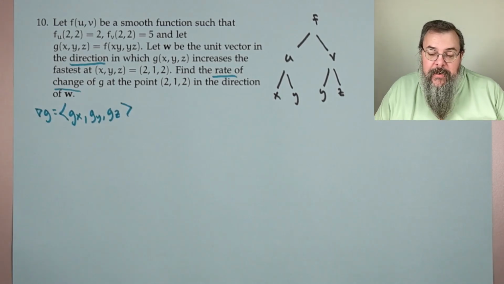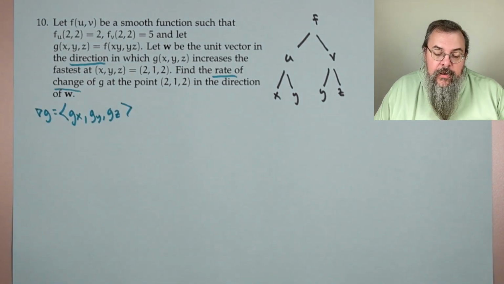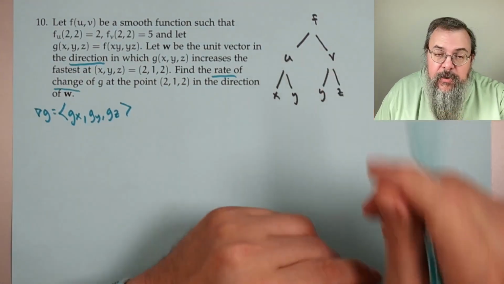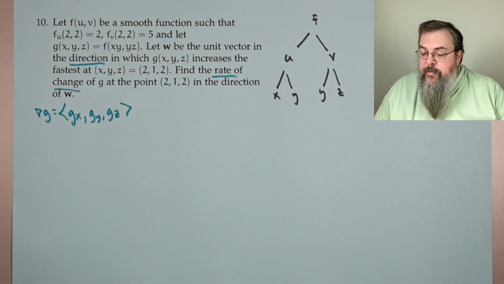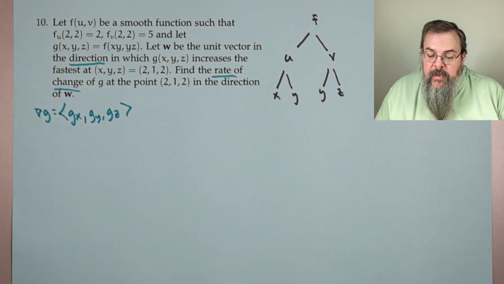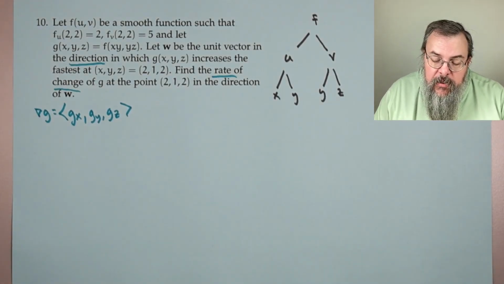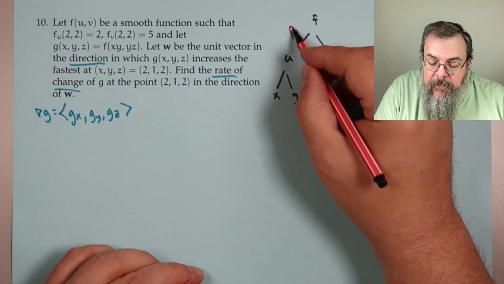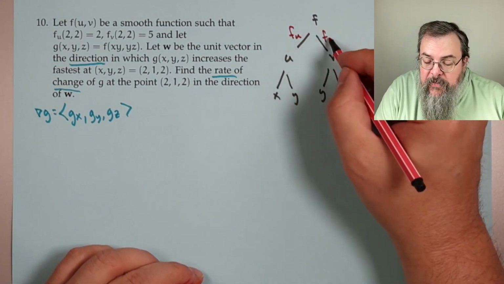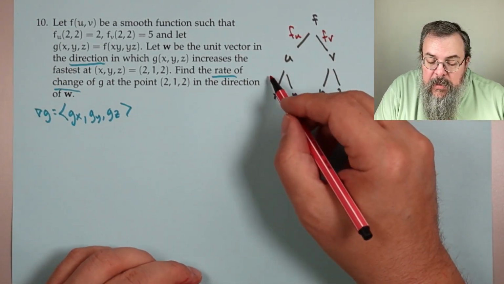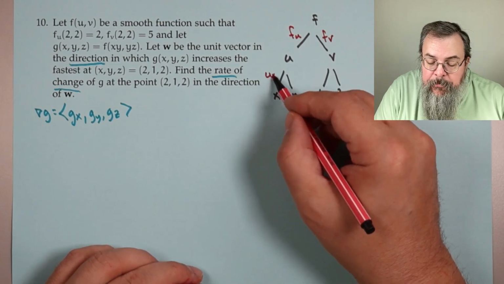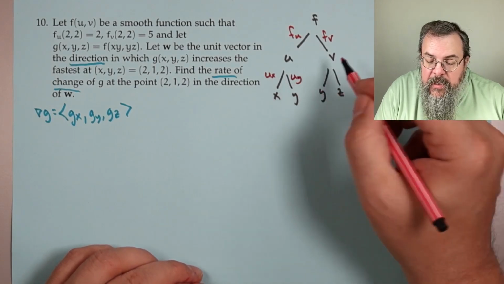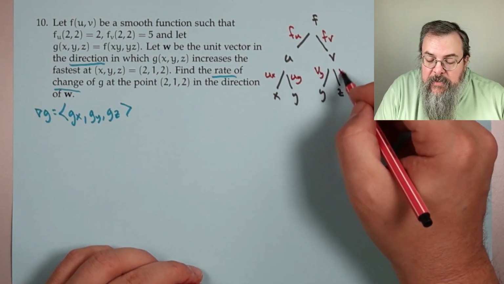Now, can we figure these values out? If we come over to our diagram, we can say yes. We have f sub u, f sub v, and then u sub x, u sub y, v sub y, v sub z.